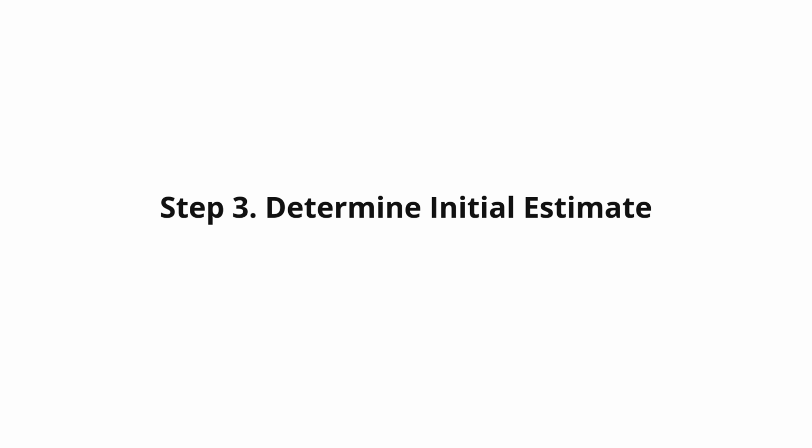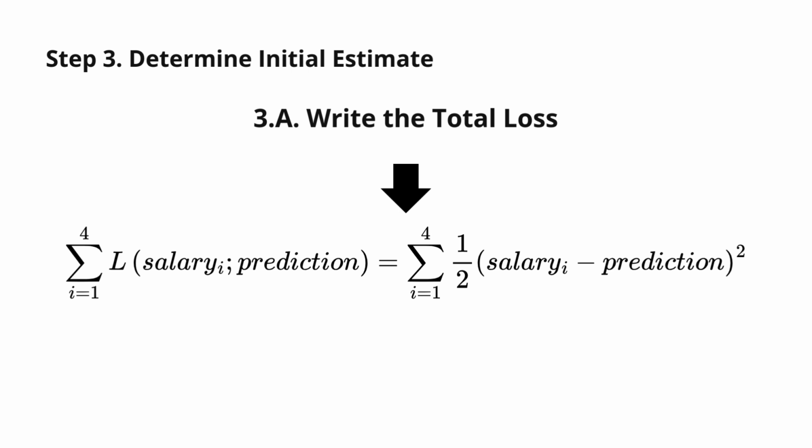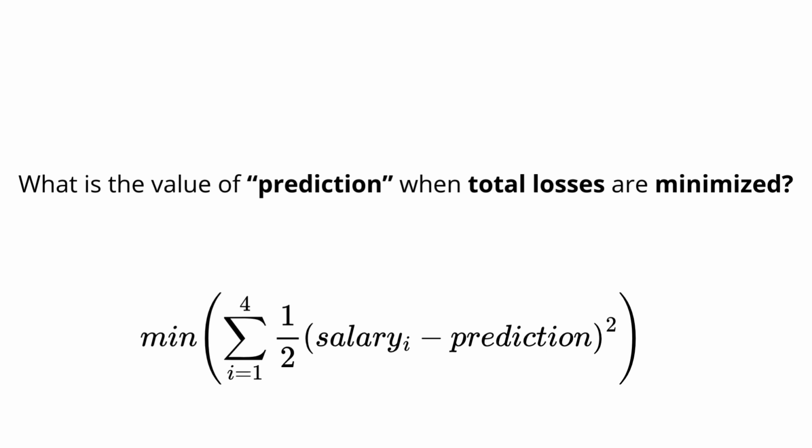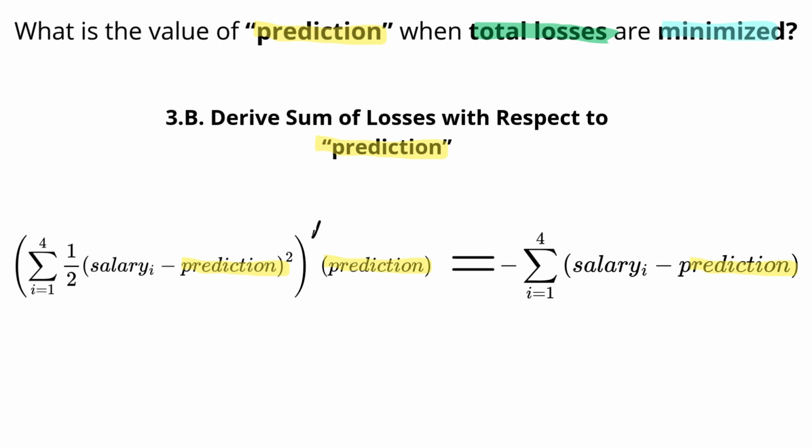The initial estimate is our first version of the estimate function, so we call it f sub 0. Several steps are required to determine f sub 0. First, we write the sum of losses. Then, we have to answer the question, what is the value of the variable prediction when total losses are minimized? For that, we derive the sum of losses with respect to prediction.